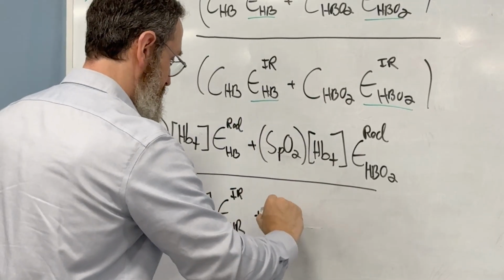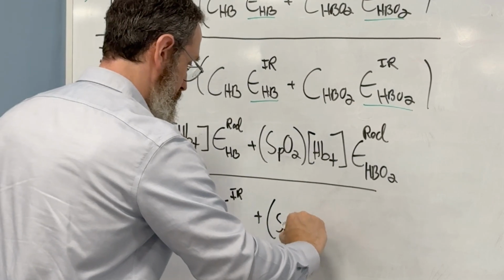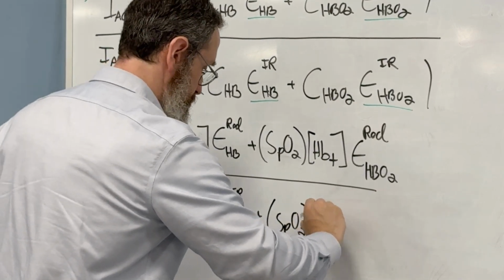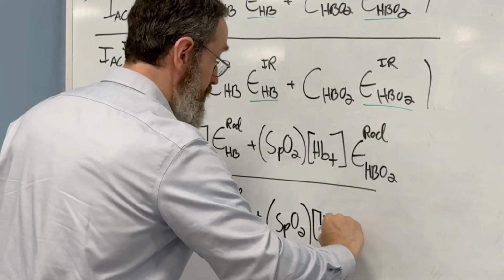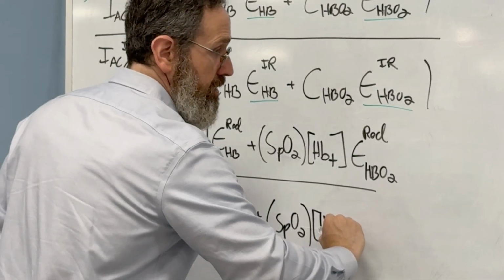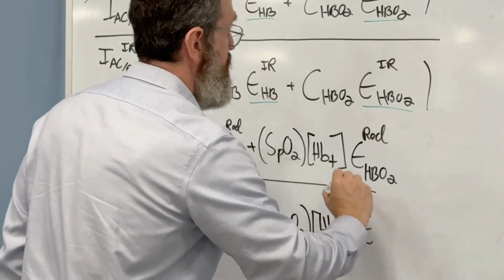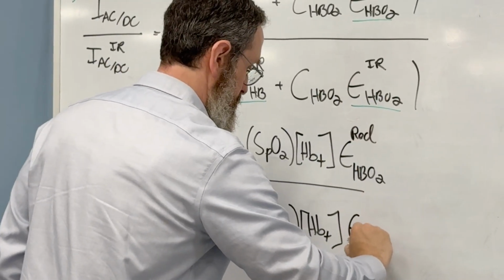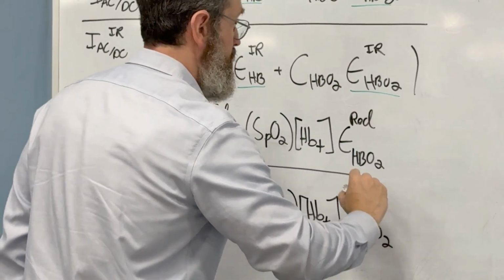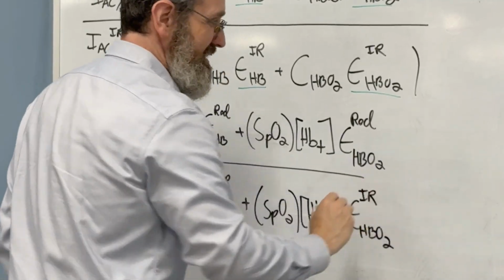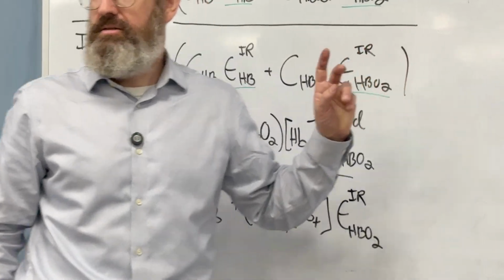So that's going to be, once again, SpO2 times the concentration of Hb total times the absorption of HbO2 at infrared. See, I was leaving this here for a reason.